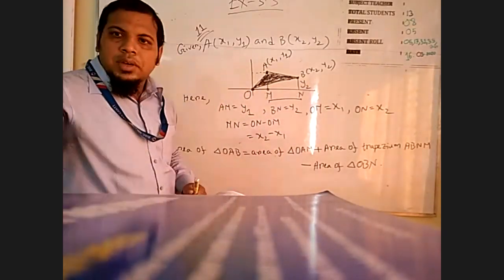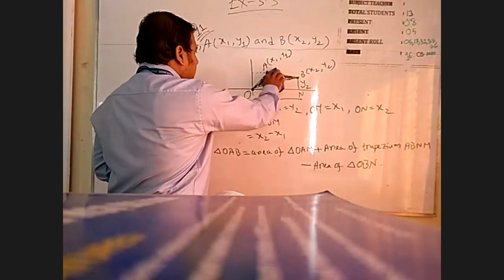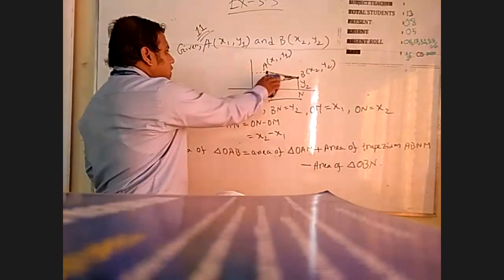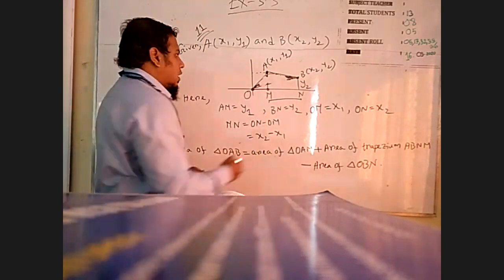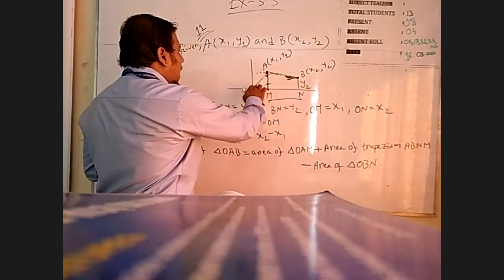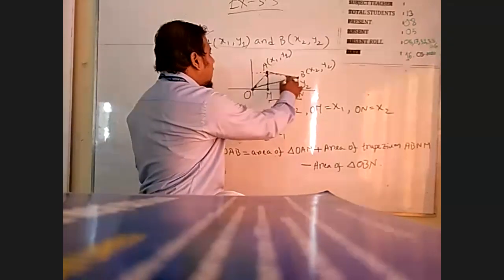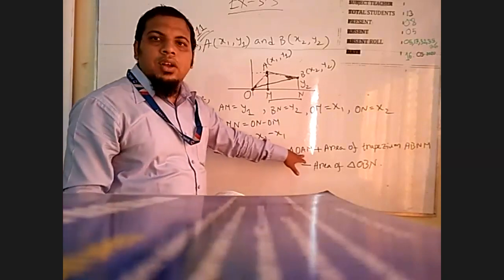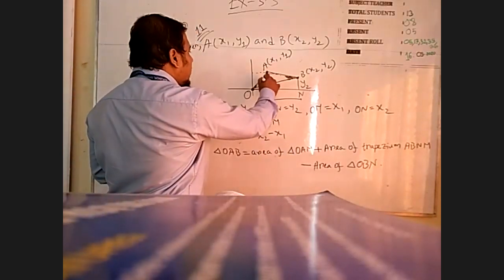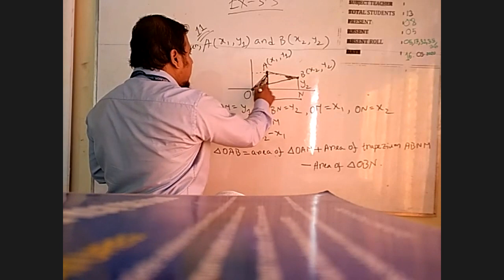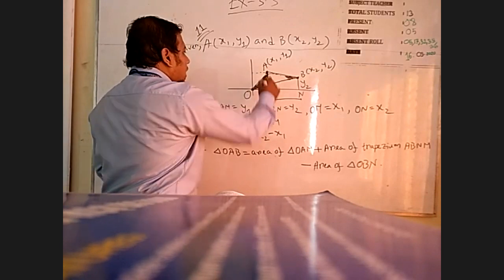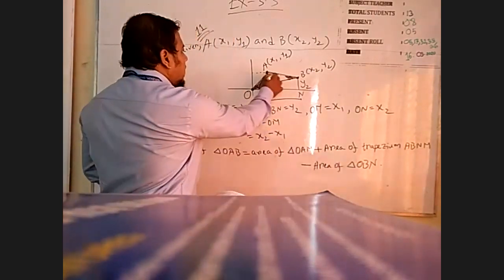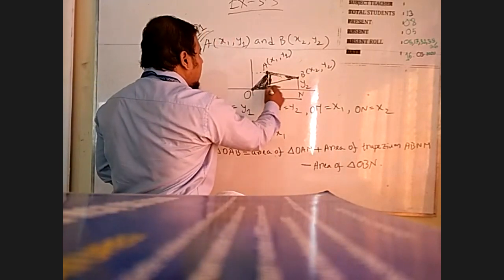Understand? Okay, I will explain a bit more clearly. Wait. Okay, our target is to find out the area of triangle OAB. Area of triangle OAM is this, plus the area of trapezium ABNM is this.